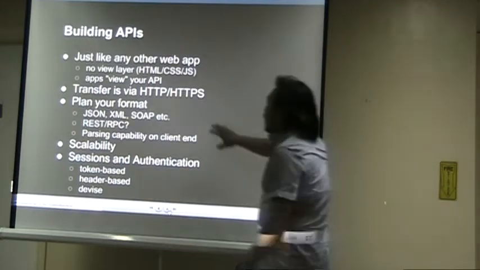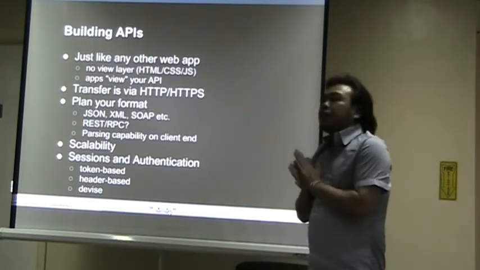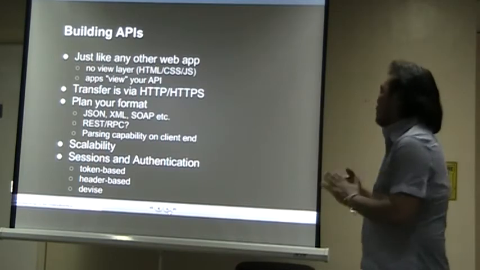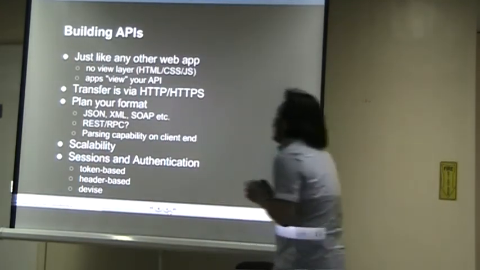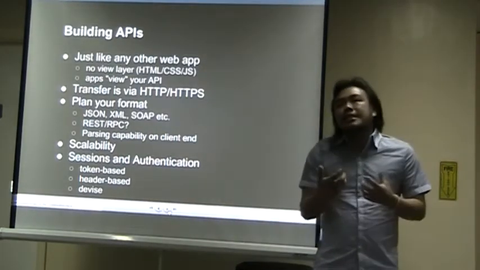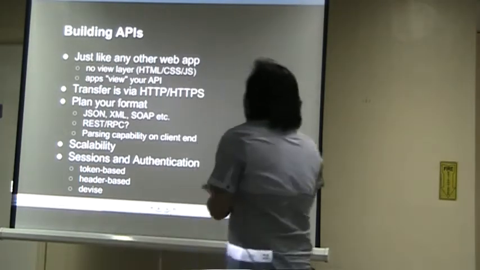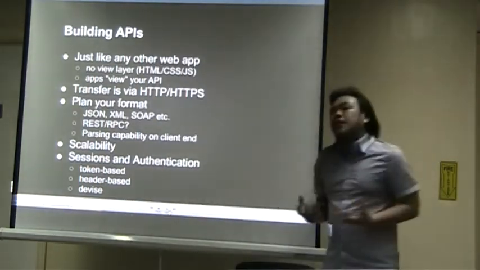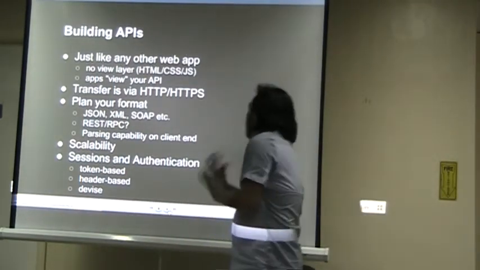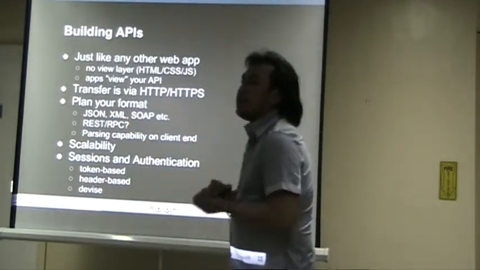Ideally, what you want to do is to plan what format your client will consume, whether that will be JSON or XML, and whether or not your API is going to be in REST. You also have to take into account what capabilities your mobile client has to parse the data that you are sending to it. Of course, all the other concerns that you have with web applications, like scalability, you would still need to take into account.